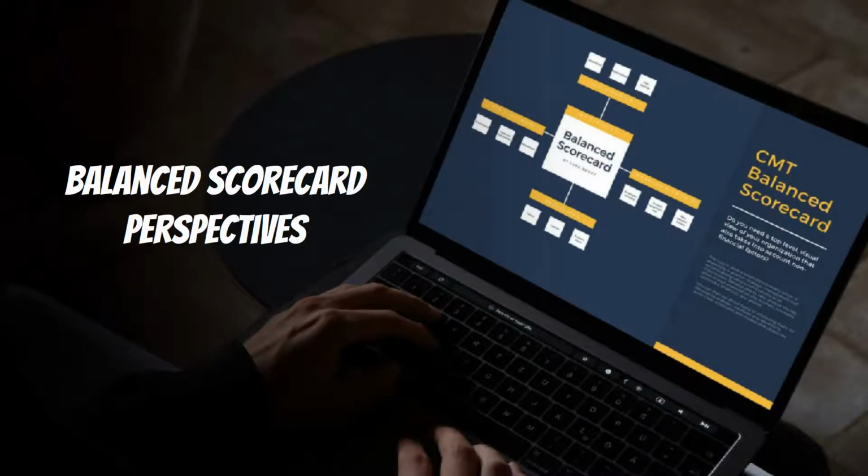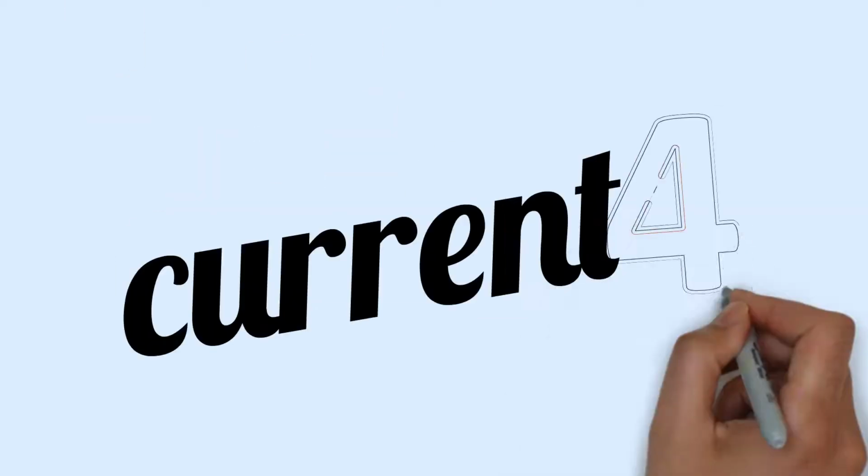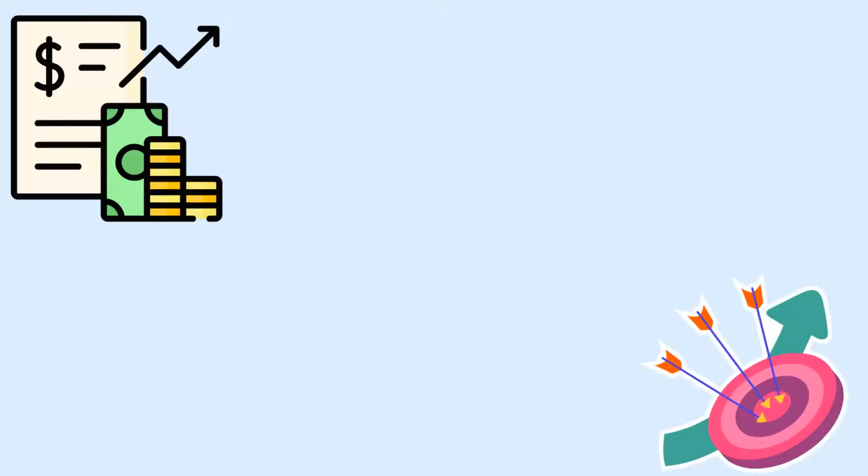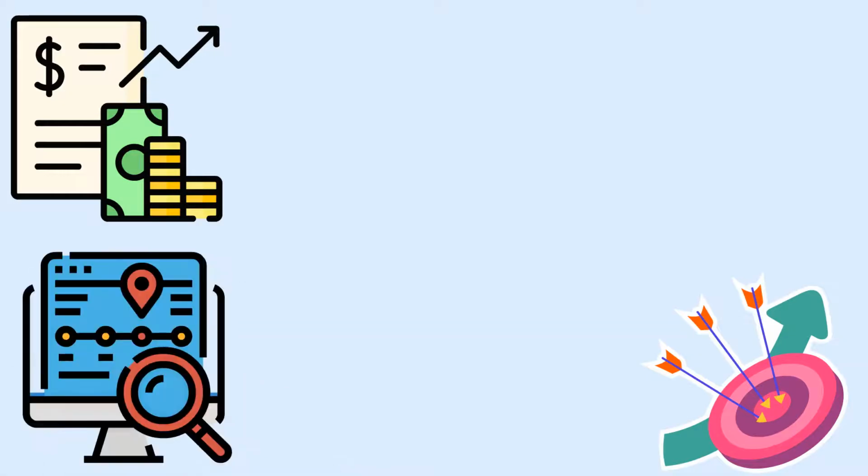Balanced scorecard perspectives. The current 4 perspectives of the balanced scorecard are as follows. A. Financial. The financial perspective focuses on the organization's financial objectives and enables the tracking of the financial success and the shareholder value.